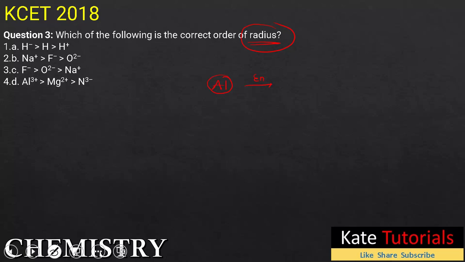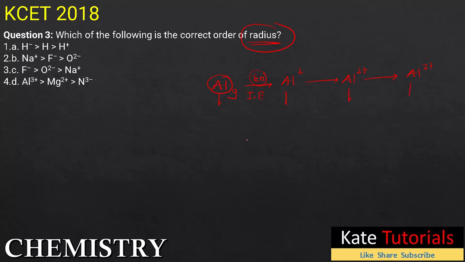If I take this aluminum in the neutral gaseous state, which is isolated, and supply that energy to remove the outermost electron, that energy we call ionization enthalpy. So it becomes Al+. Again I will supply energy, I will remove one electron, it becomes Al2+. Again I supply energy to remove one more electron, it forms what? Al3+, right?